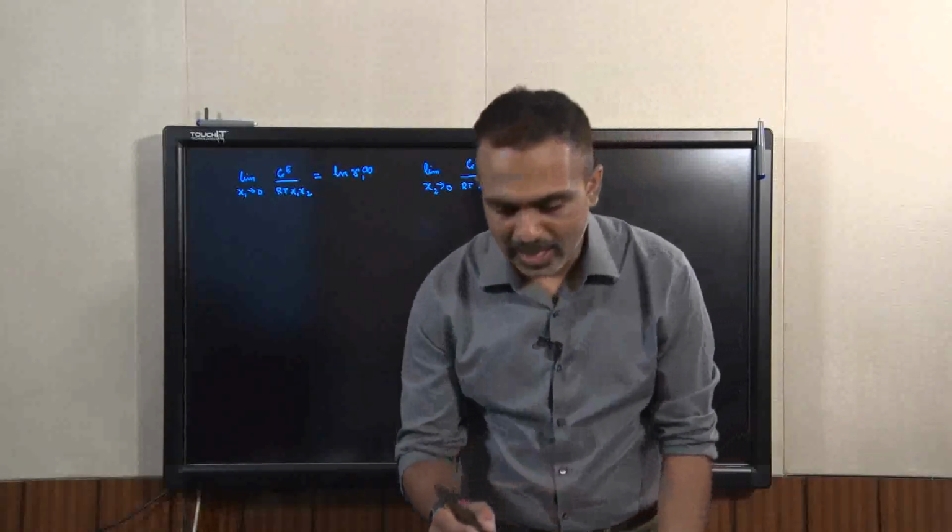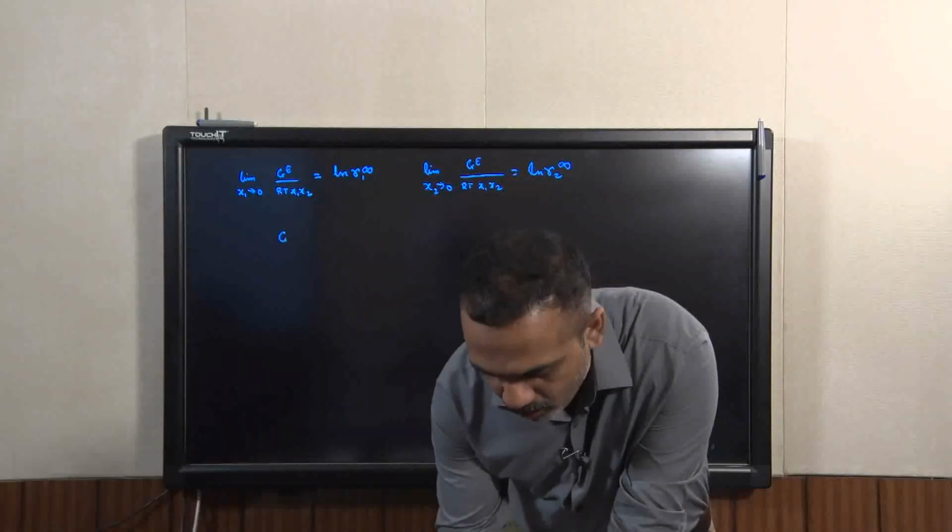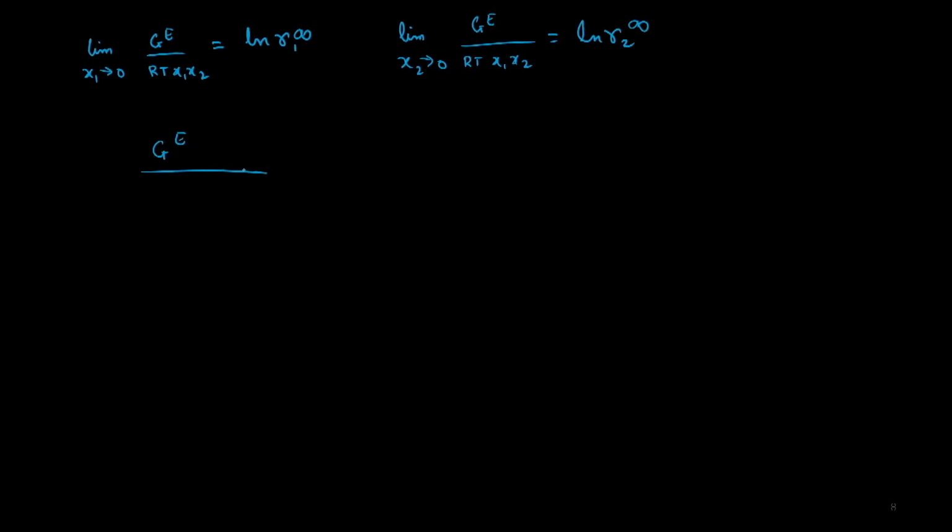In general, in a power series type of expansion, GE by RT x1 x2 is a function of a power series either in x1 or x2 in a binary mixture, it doesn't matter, plus so on.